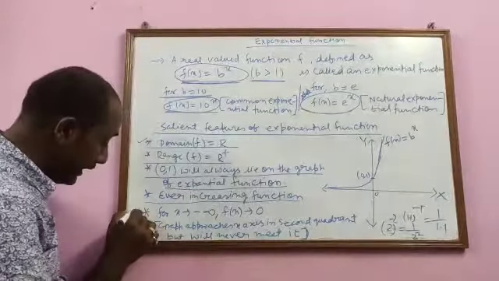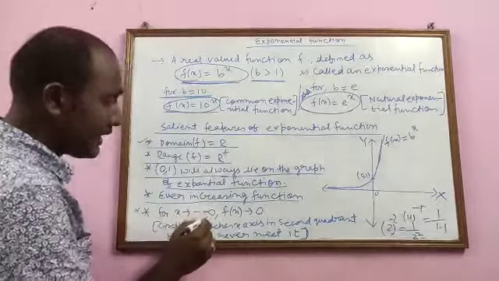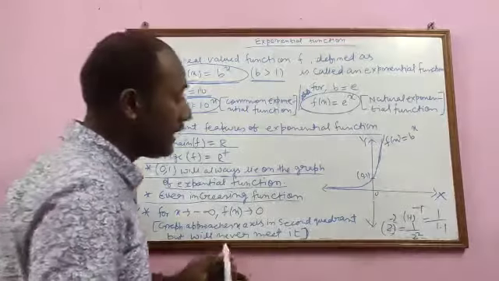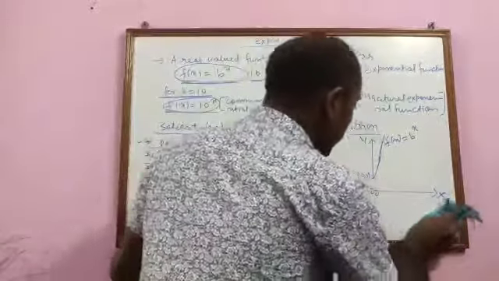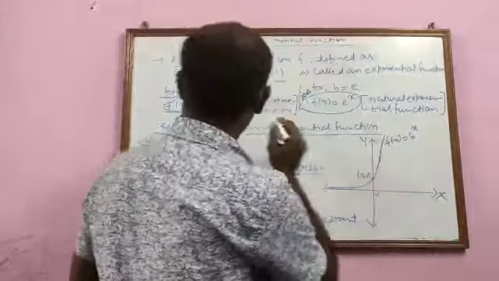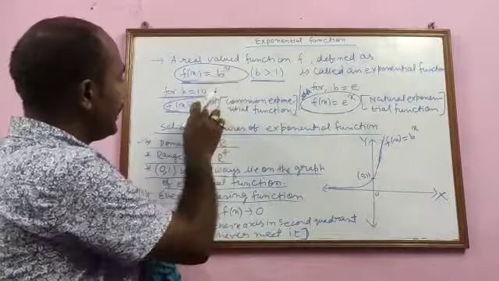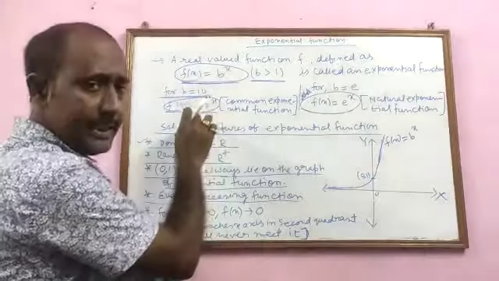And the last point is very important. That is when x approaches minus infinity. Now consider the situation when we talk about f(x) = b to the power x. Let us take this example, f(x) = 10 to the power x, because here in this case we have a constant base, that is 10.